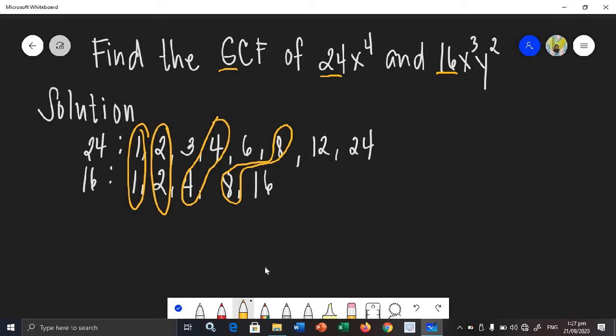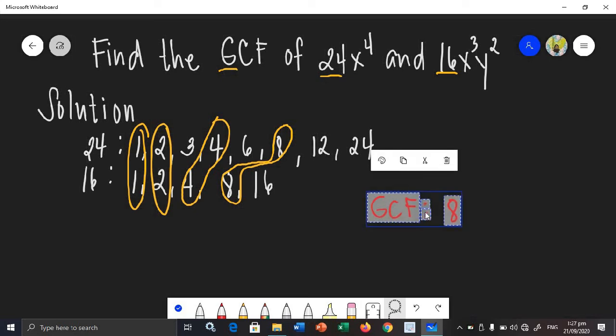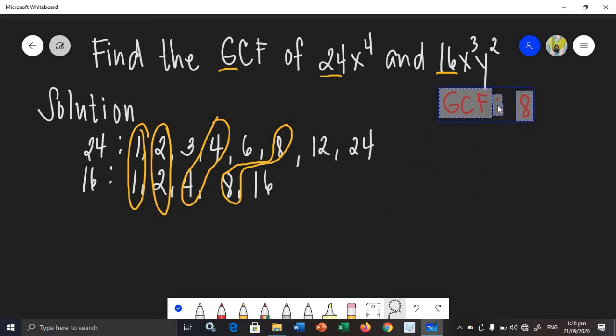So, between 1, 2, 4, and 8, ang pinakamalaking common factor ng 24 and 16 ay 8. So, ang GCF nilang dalawa ay 8. Okay? So, yan, tapos na natin kunin yung GCF ng numerical coefficients natin, which are 24 and 16.